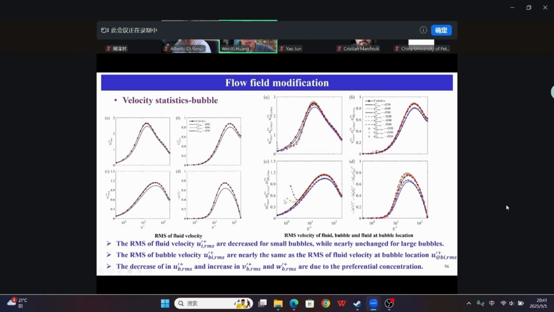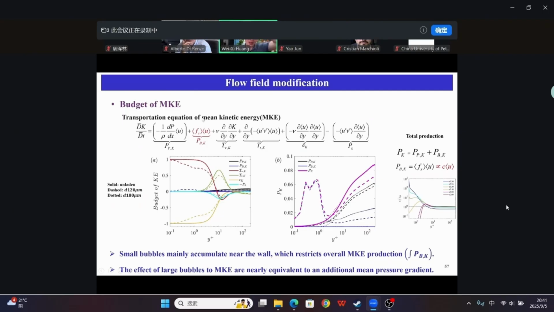But near the wall, the span-wise velocity fluctuation is increased. So this is also related to the sweep event. And we check the energy transfer, or the mean kinetic energy transfer.